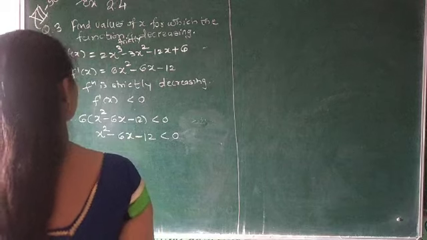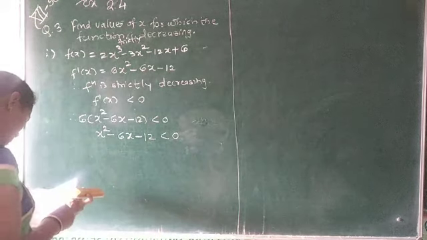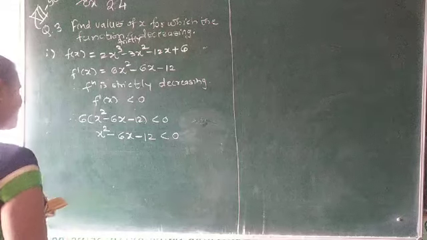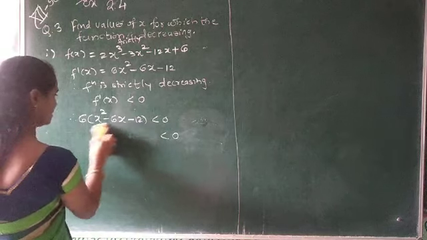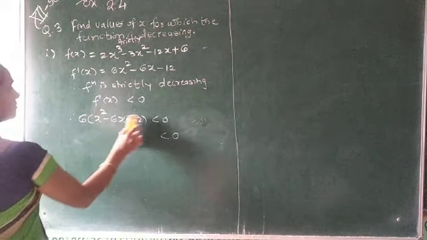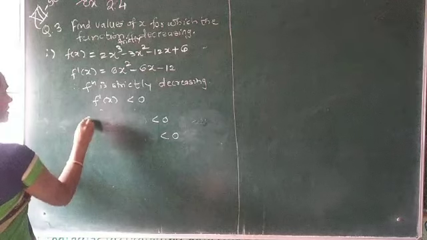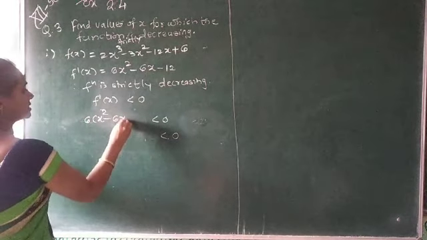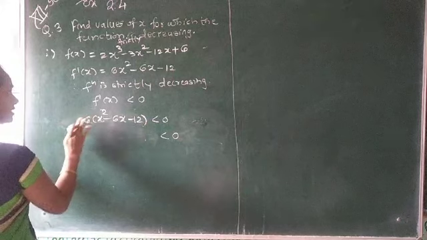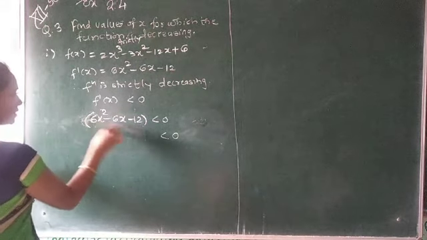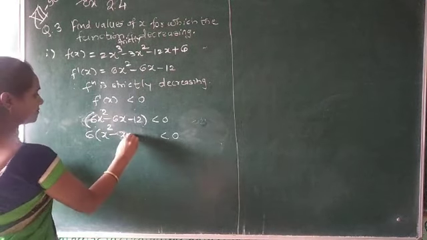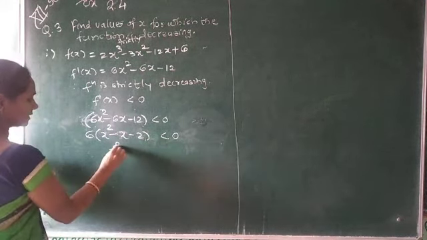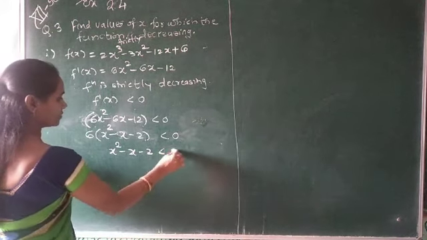If we take 6 common, then we get x square minus x minus 2, which is less than 0, that is x square minus x minus 2 less than 0.